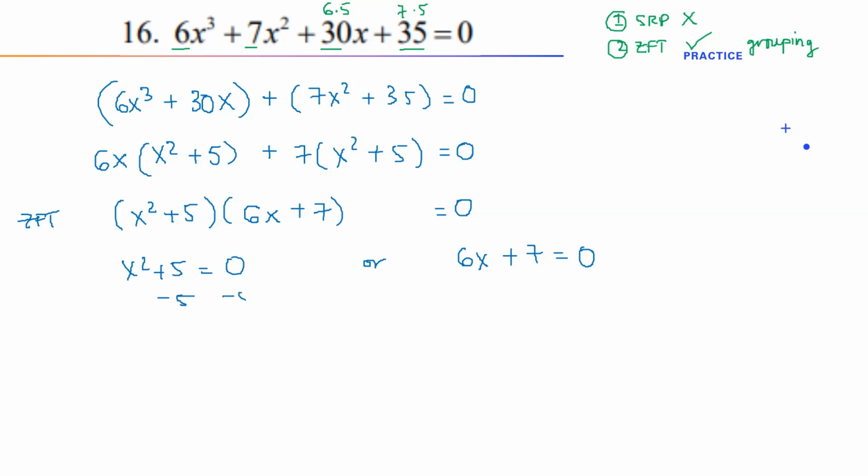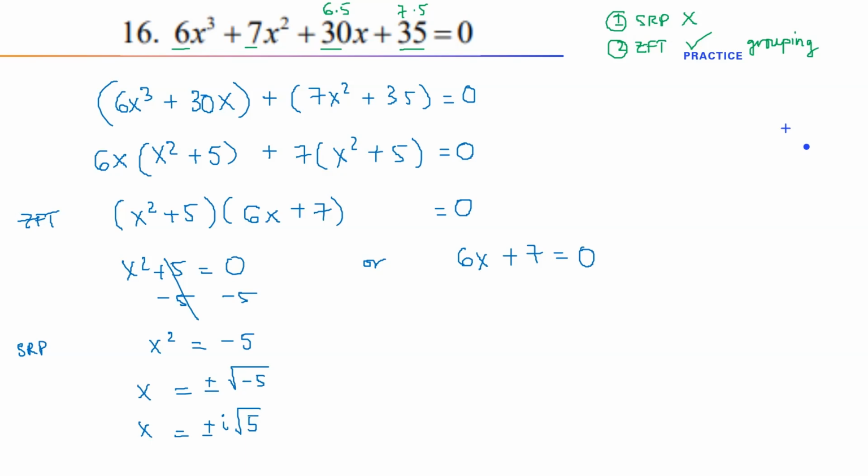Subtract 5 from both sides, that cancels. Isolate x squared equal negative 5. Now this one, what we use is the square root property, right? So x equal plus or minus square root of negative 5. x equal plus or minus i square root of 5.